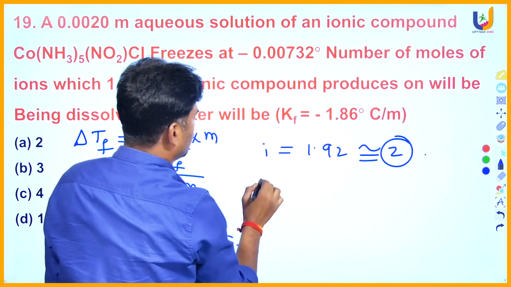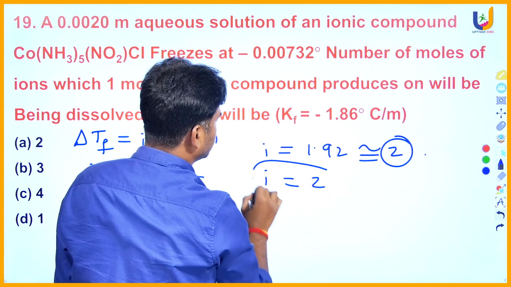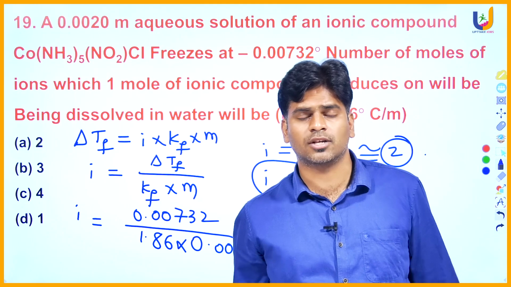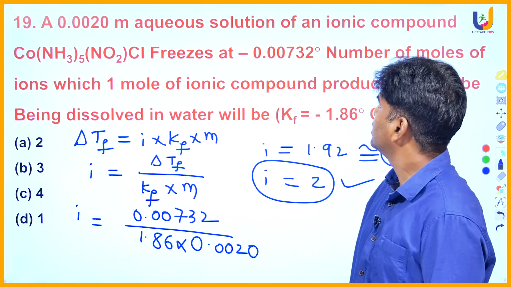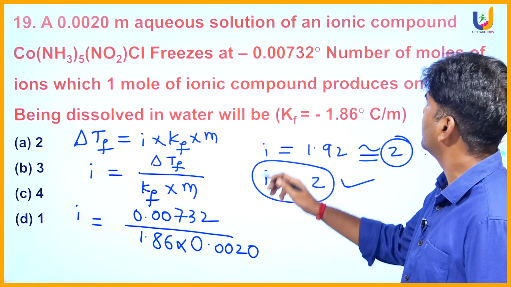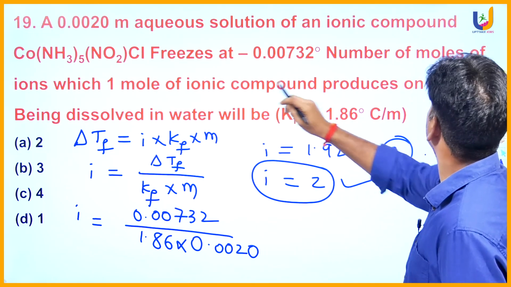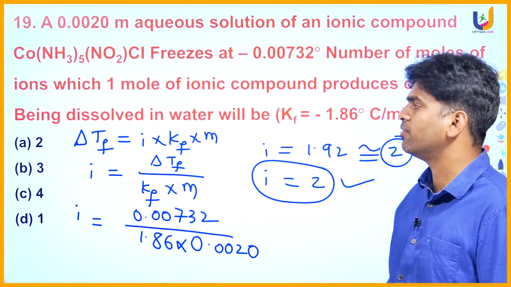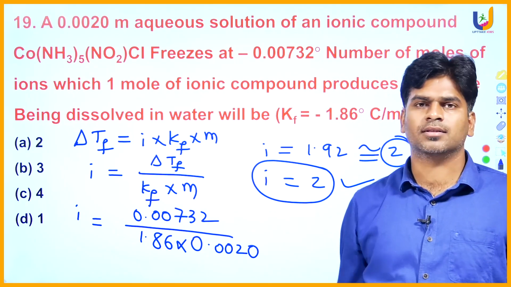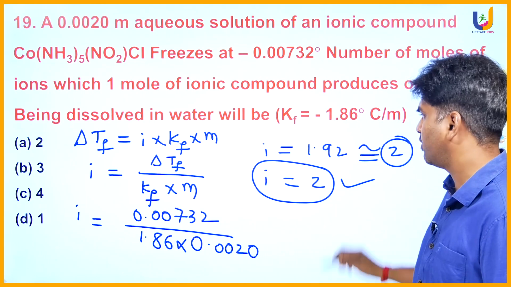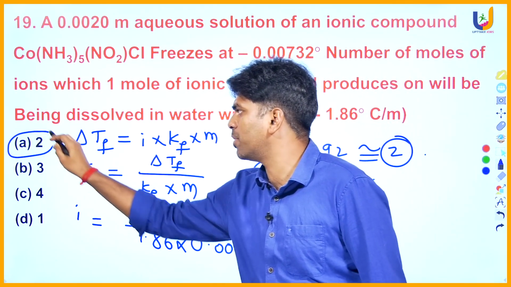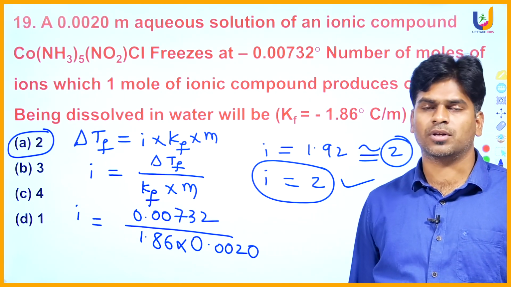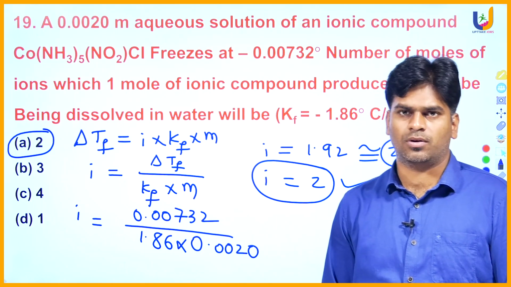The van't Hoff factor 2 decides how many ions we get after dissociation from the given compound. What is the compound? We have an ionic compound, a complex ionic compound. Once it dissociates, we will get 2 ions, because the van't Hoff factor is 2, so the number of ions is also 2.